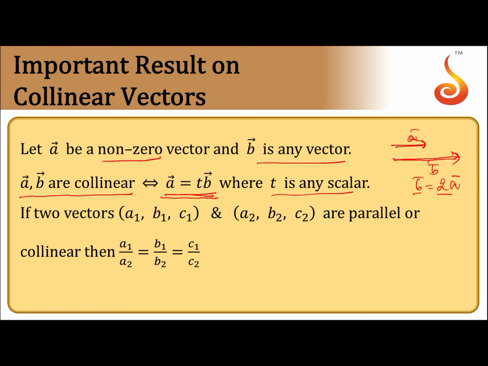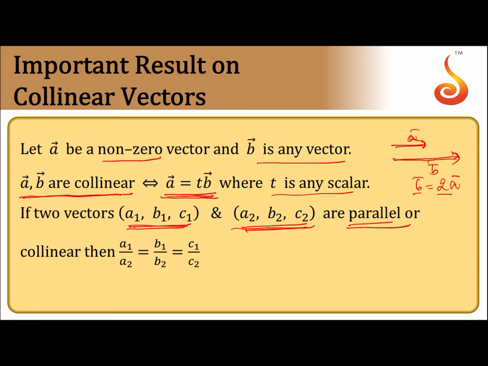And so one vector can be written as a scalar multiple of the other one. Based on this, suppose the two vectors are represented in ordered triad form analytically, like A1, B1, C1 and A2, B2, C2 in terms of their components.